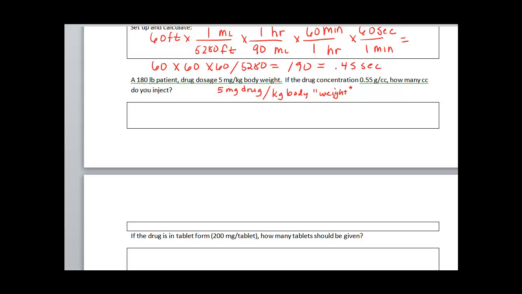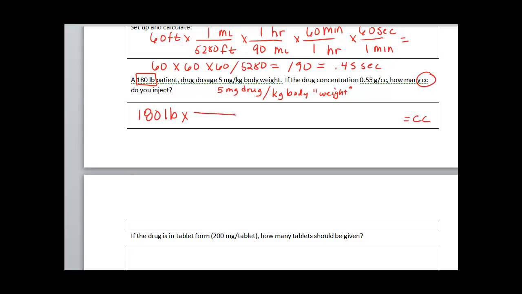Well, when you look at this, you want to know how many cc's. That has 1 unit in it. So I'm going to look for the piece of information here that has 1 unit, not for the other pieces, which are conversion factors. So I'm going to start with my 180-pound patient.